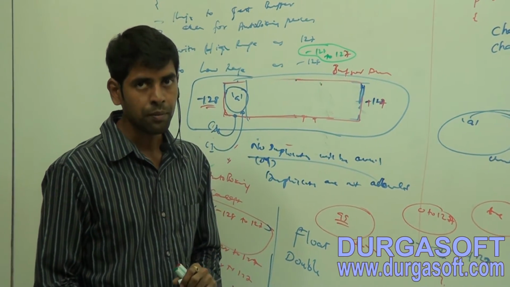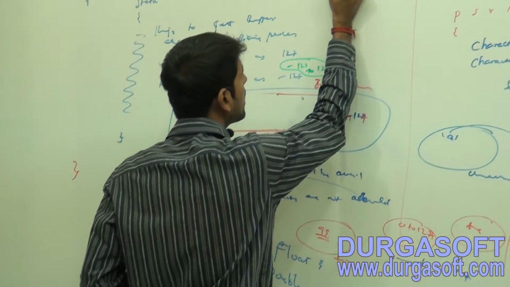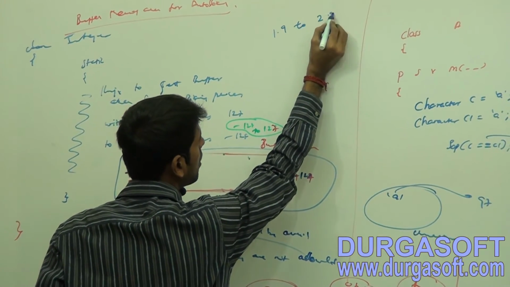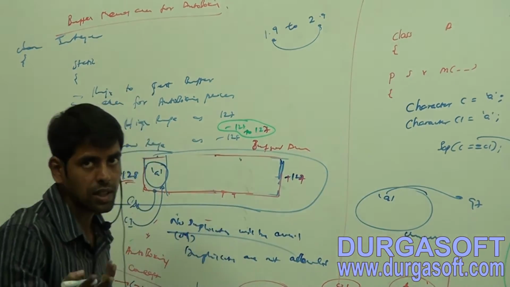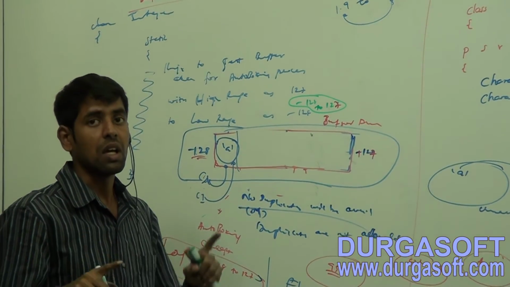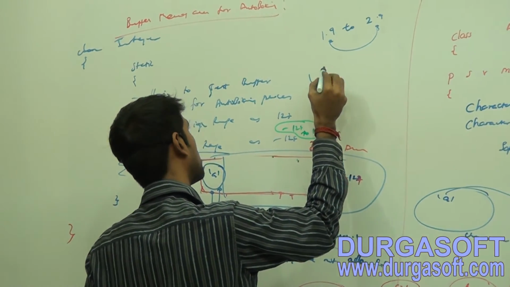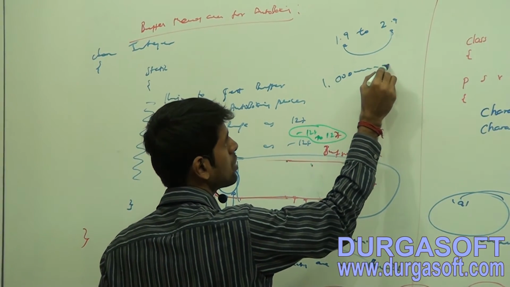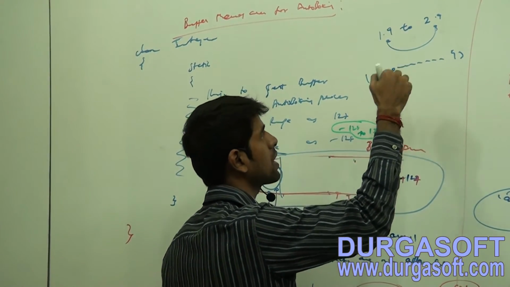Between two fraction values, let's say 1.9 and 2.9, how many values can exist? How many units can exist? Observe any number. Observe here, 1.000000093 is one value which can exist.